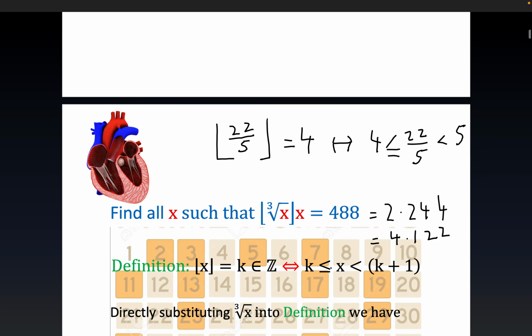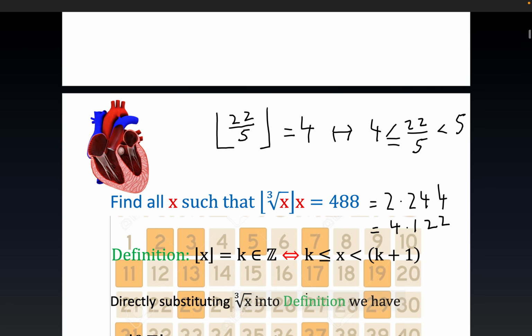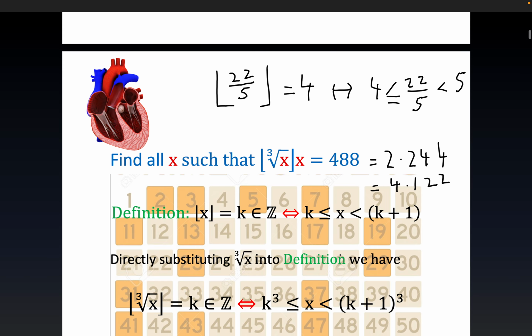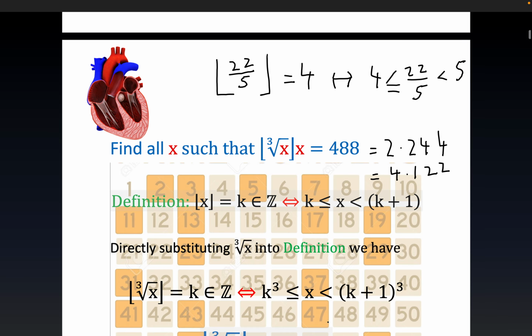So let's move along. Now, we are dealing with the floor of the cubed root of x. Notice if we replaced x with the cubed root of x and then cubed both sides, we just end up with this statement right here. In other words, the input argument could have been the cubed root of x.